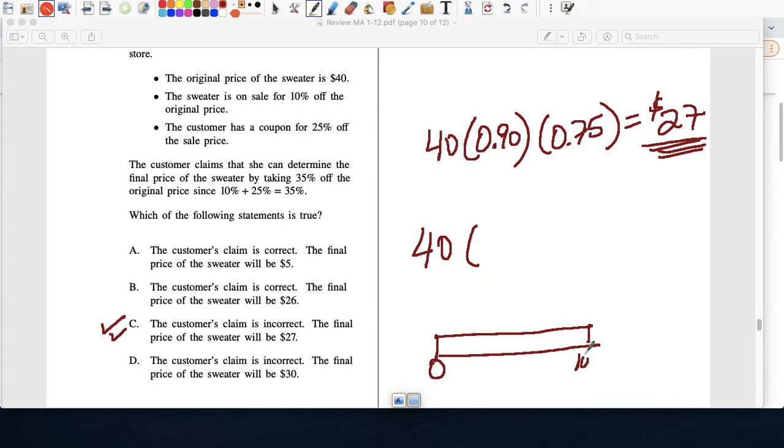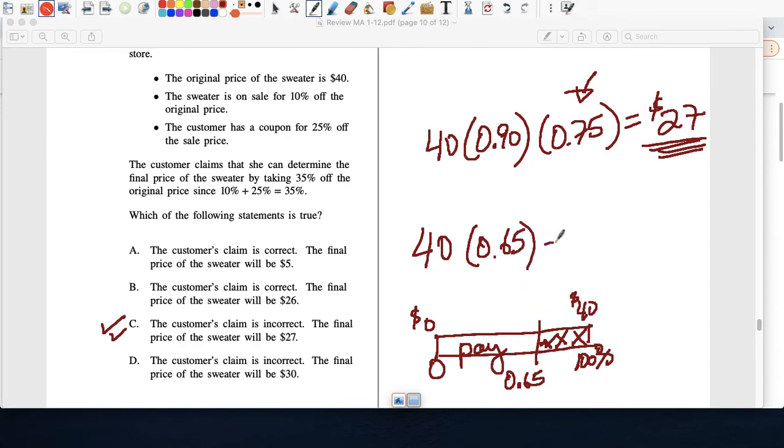Instead of taking 10% off, multiplying by 40, and then multiplying by a discount of 25%, which is represented by what you're left with to pay, she's saying let me add the 10% plus the 25, and that's 35%. So I'm left with 65% of the value to pay. Well, let's see if we get the same answer. If you take 35% off, you're left with 65%, and 40 times 0.65 equals $26.